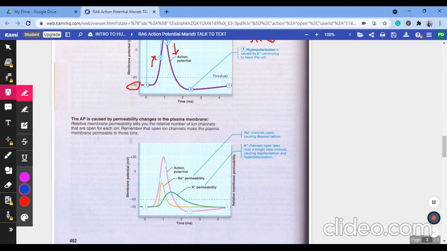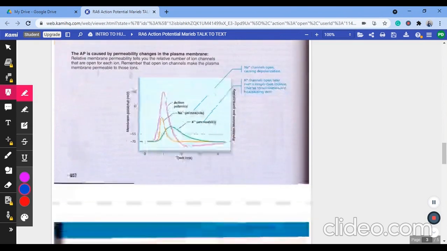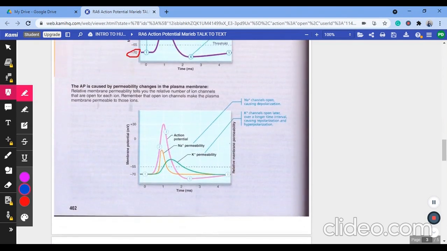Remember that open ion channels make the plasma membrane permeable to those ions. So in Na permeability, sodium channels open, causing depolarization. And potassium permeability, potassium channels open later over a long time interval, causing repolarization and hyperpolarization.